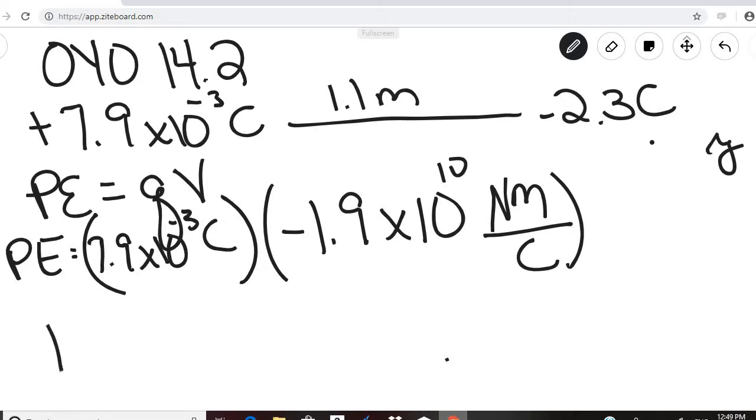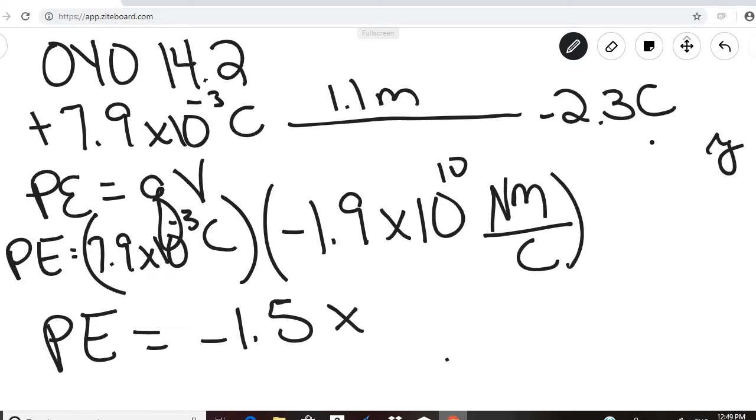So now potential energy is equal to negative 1.5 times 10 to the 8.